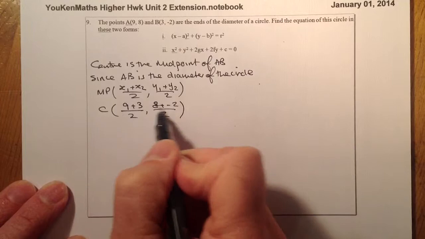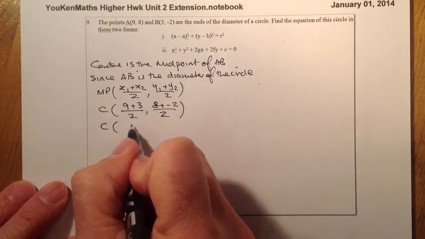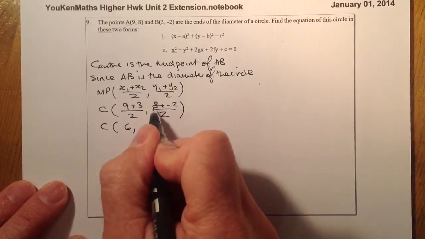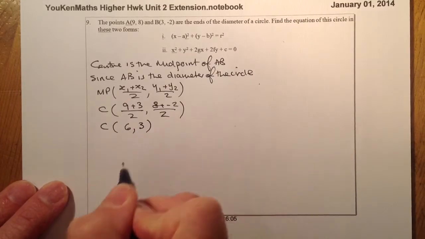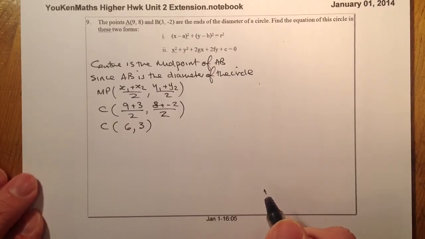They're just the coordinates of A and B that I've put in here. So my centre works out to be 12 over 2, which is 6, and 6 over 2, which is 3. That was the point we found by doing it graphically as well.